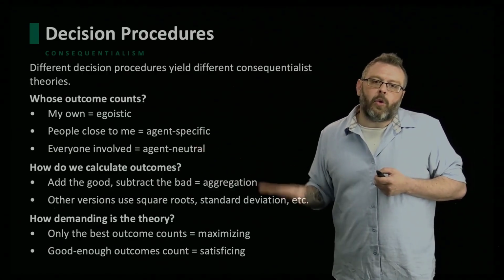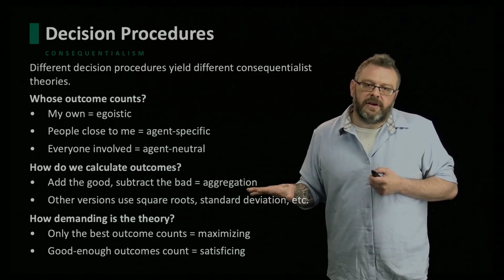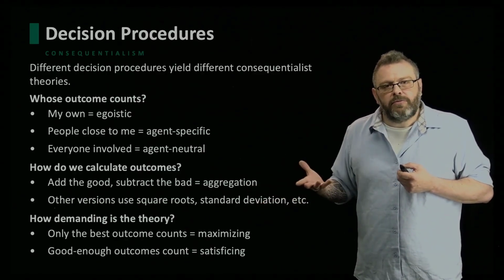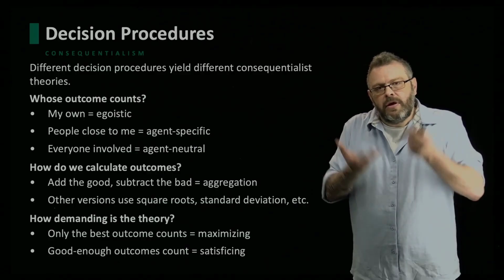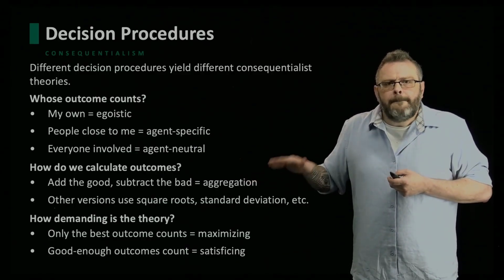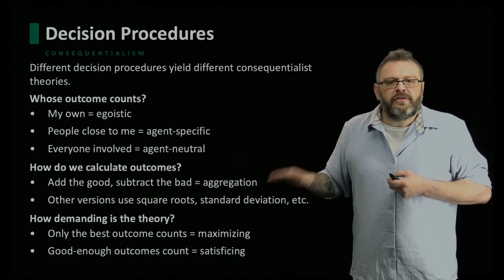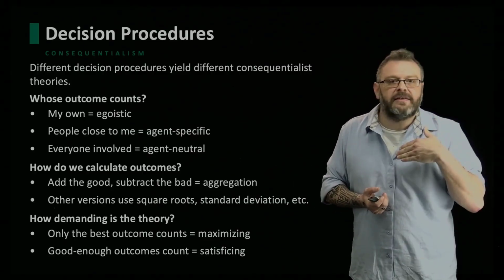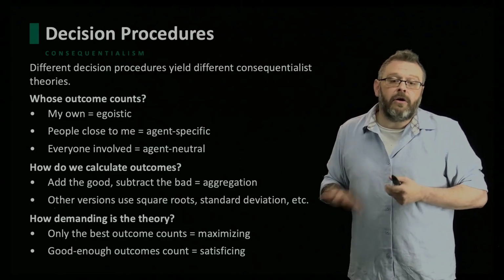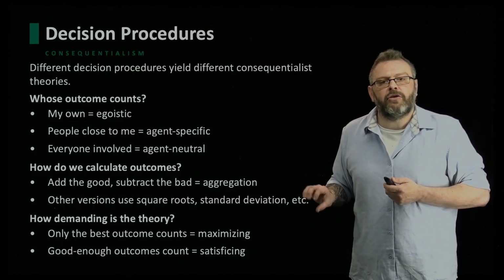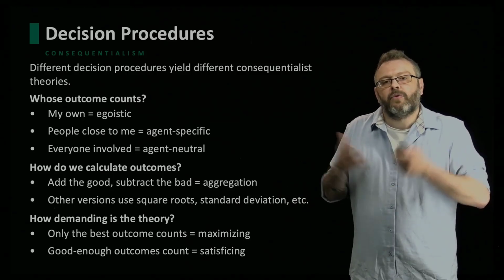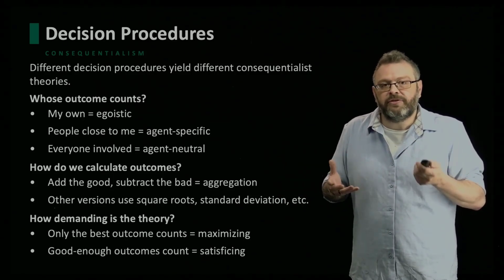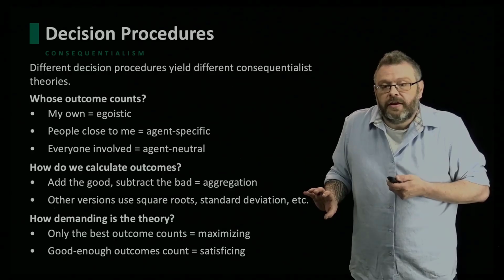How are we going to go about calculating these things? What's our decision procedure for figuring out if we've done the right thing? For our purposes, we're going to stick with simple aggregation: add up the happiness and subtract the sadness. But there are other ways of doing this that try to create more fairness for larger versus smaller groups, and they can get kind of complicated.